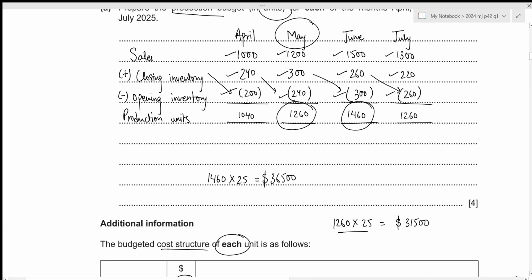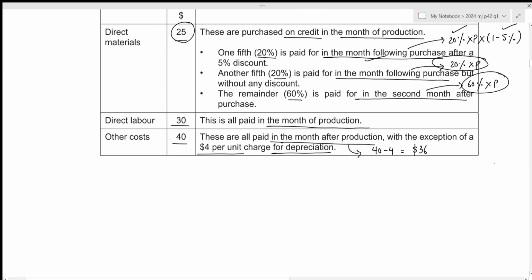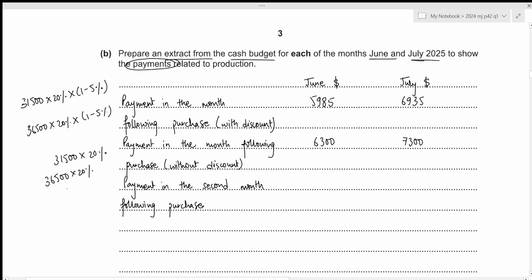Within April, we will be producing 1040 units. Each of these units will require 25 as the direct material. This results in a total of 26,000. And the payment in the second month after purchase is 60% of the total value. So the calculation here will be 26,000 times 60%. This results in the value of 15,600.